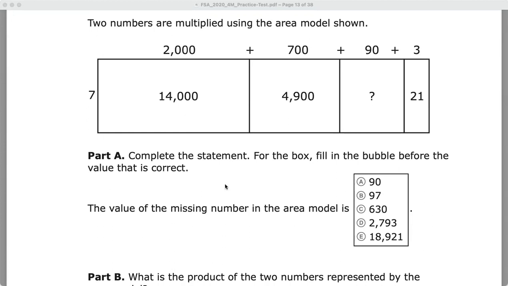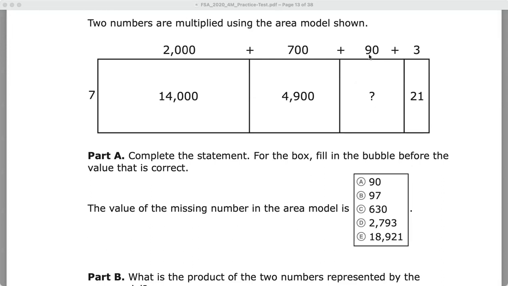So let's look at the pattern here. We have 7 times 2,000 is 14,000. In the next box, 7 times 700 is 4,900. And in the very last box, 7 times 3 is 21. So for this missing value right here, it's going to be 7 times 90.